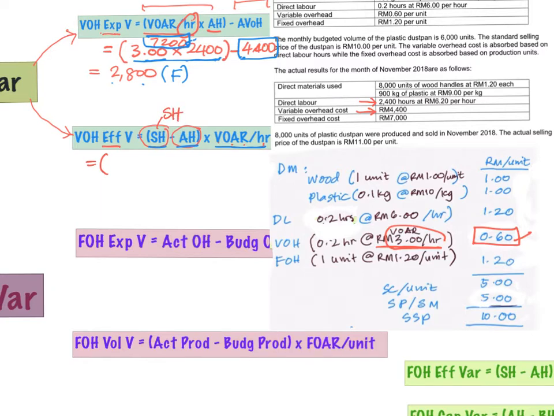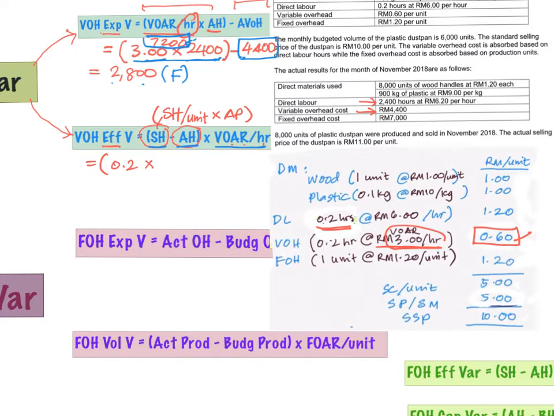You can get it by using the formula standard hours per unit times the actual units produced, then you will get the standard hours. So in our case, we calculate our standard hours by taking 0.2 hours per unit times actual units produced.